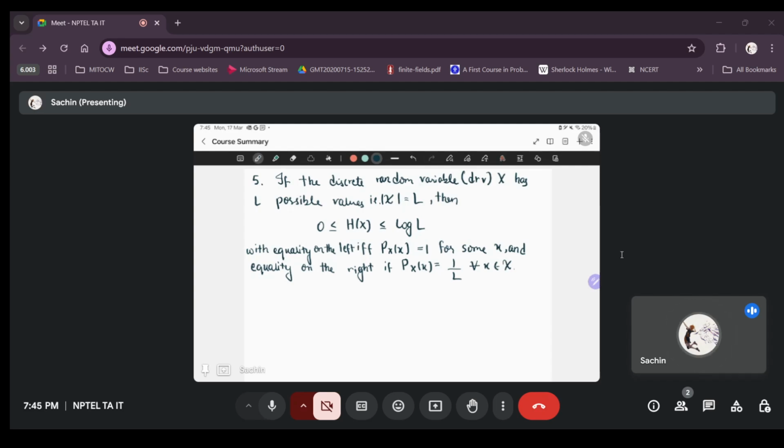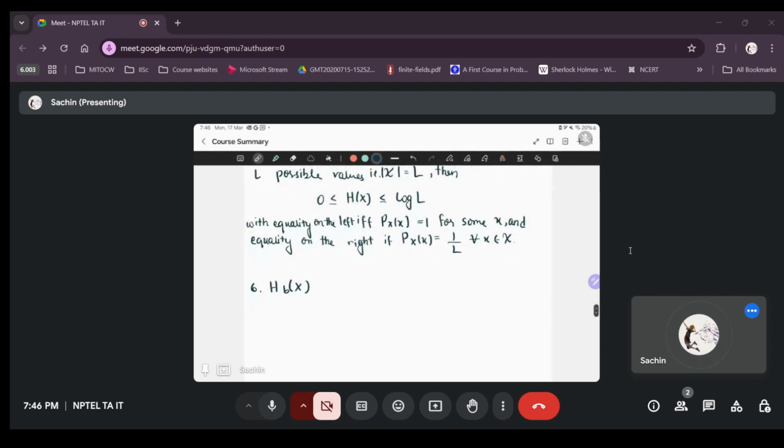We can prove that using the IT inequality. Another property is if you take the entropy by taking log with respect to base b, that is equal to log a base b times the entropy of x to the base a.